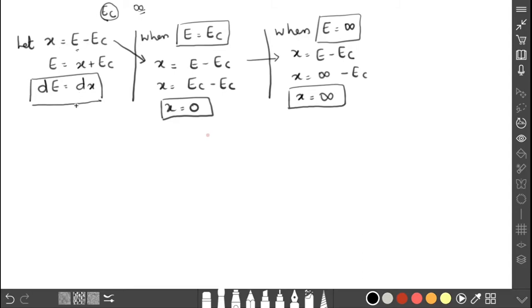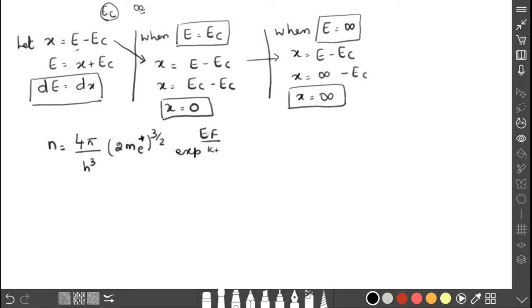Substitute all the values in the above equation. What is the above equation? N is equal to 4 pi divided by h cube, 2 m e star whole to the power of 3 by 2, and then exponential of EF divided by KT.